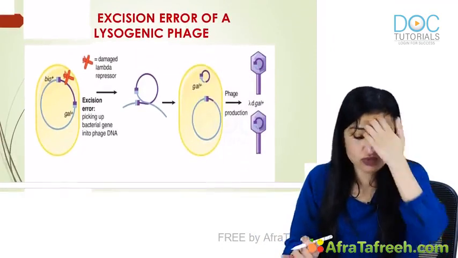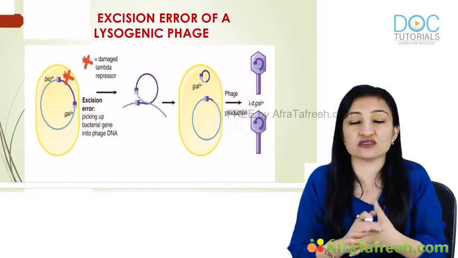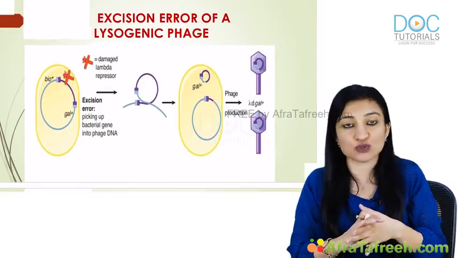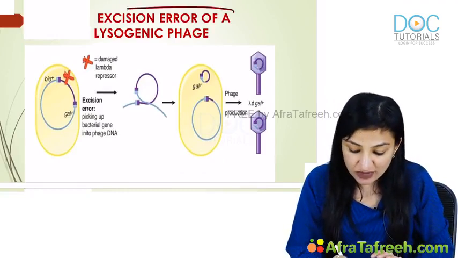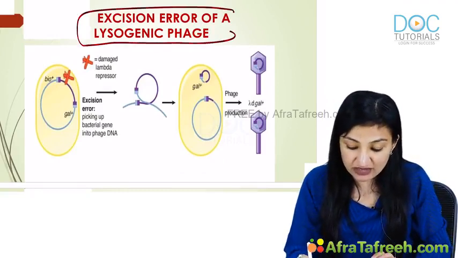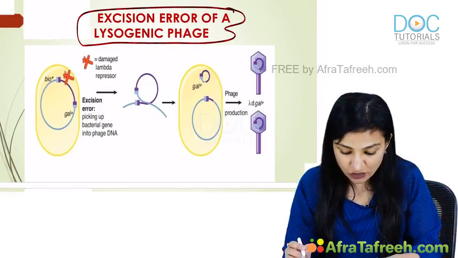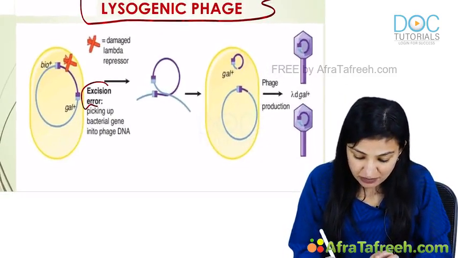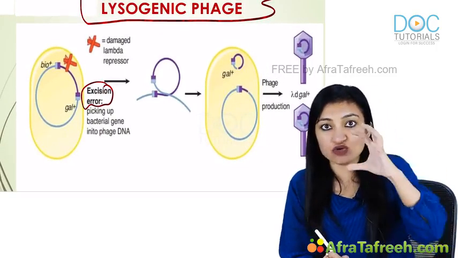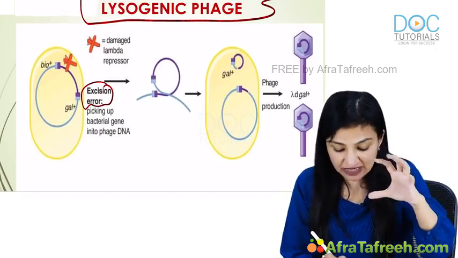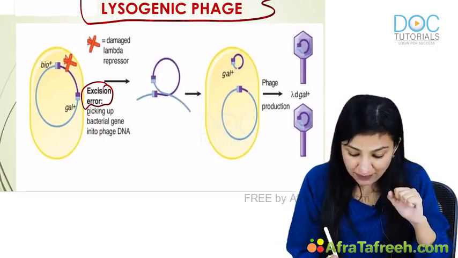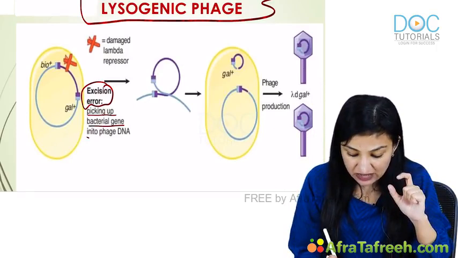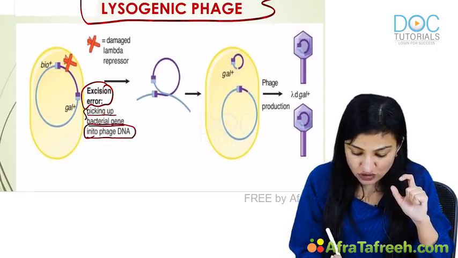But as I said, mistakes happen. Not just we commit mistakes, but phages also can do the same. Now let us say what if there is an excision error in a lysogenic phase. Excision error means that while getting excised from the bacterial chromosome, the lambda phage picks up a bacterial gene into its own genome.